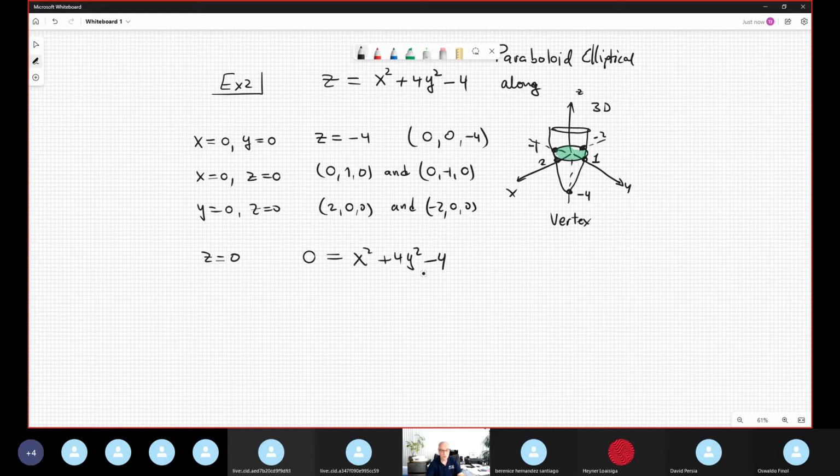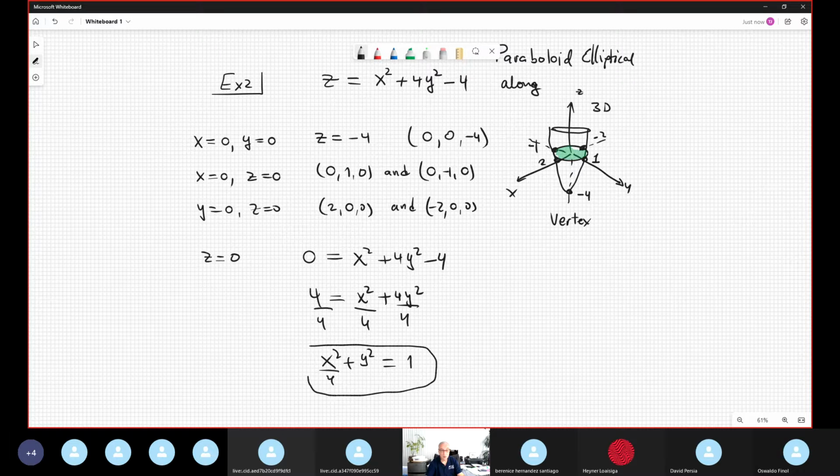Look, I move it to the other side. Now for the ellipse, I know the standard formula has 1 on the right-hand side. You divide by 4, you divide by 4, you divide by 4, because the equation is x squared over 4, y squared over 1 equals 1.